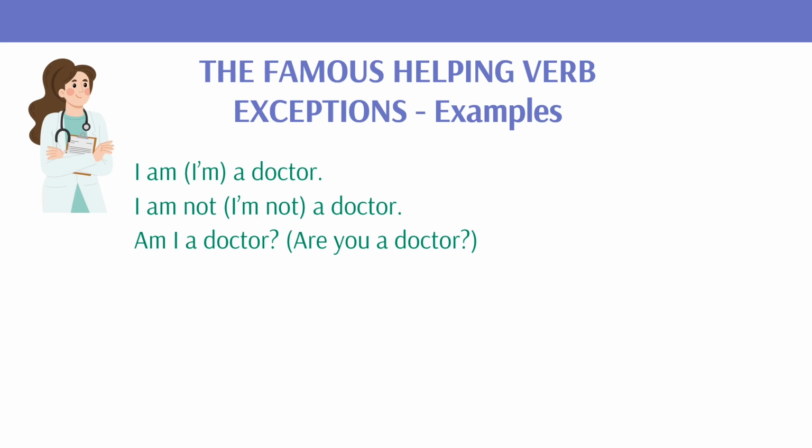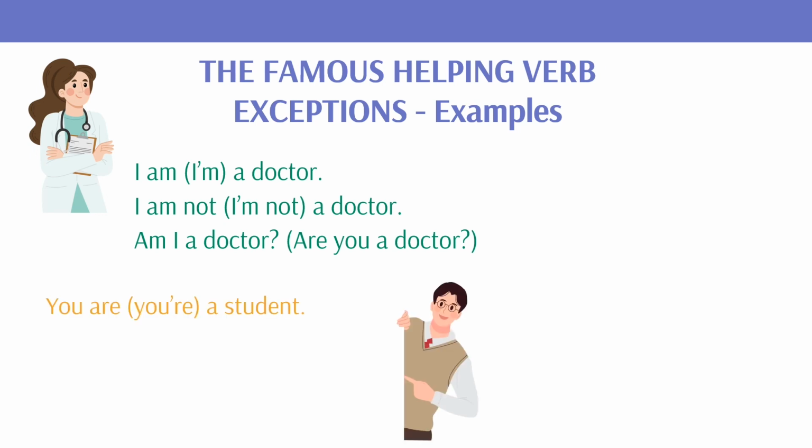Bin ich Ärztin? Oder are you a doctor? Bist du Arzt? You are a student. Verkürzt you're a student. You are not or you aren't a student. Are you a student? Bist du Schüler oder Student?